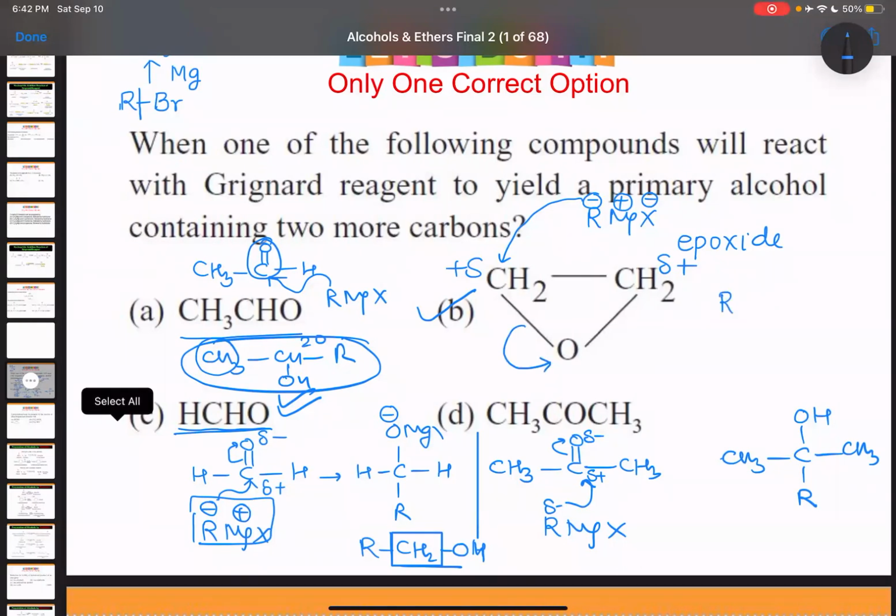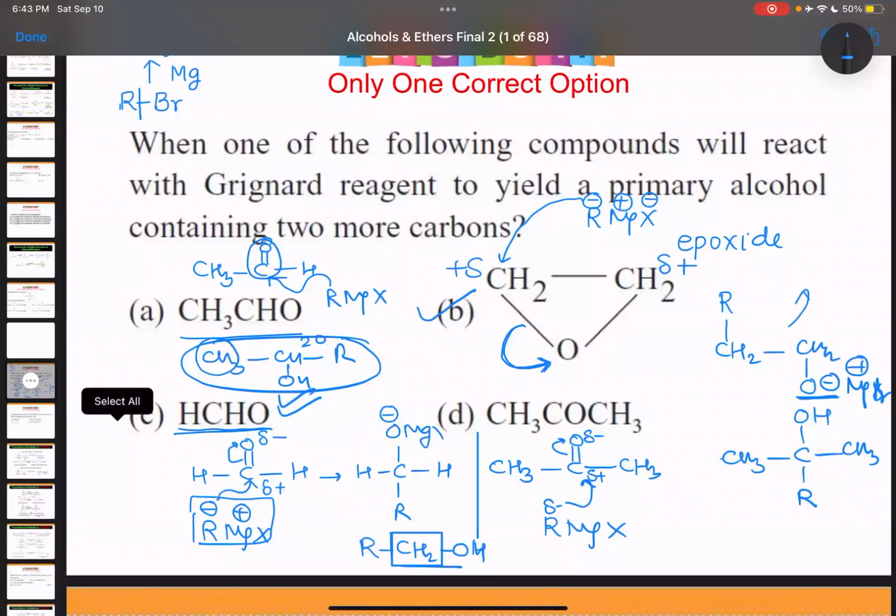So you will have R, which has attacked 1 carbon of the epoxide ring, CH2, and this bond will break, and the bond electron density will get collected on O, and O will become O minus MgX. MgBr will come along with the O minus because now O is minus, and when you put water, it will become OH.